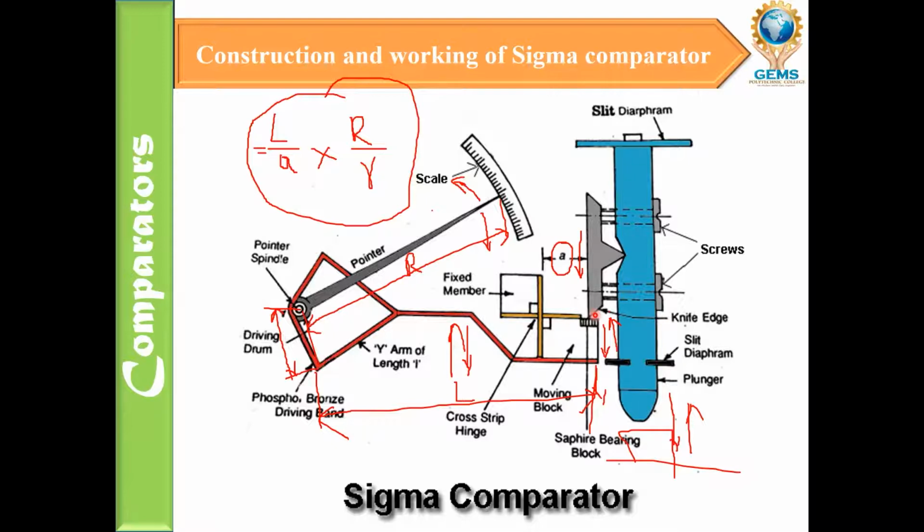The movable condition, right? So when it comes to the downward position, the Y arm moving the members, due to the deflection of the moving member, the arm position also changes.